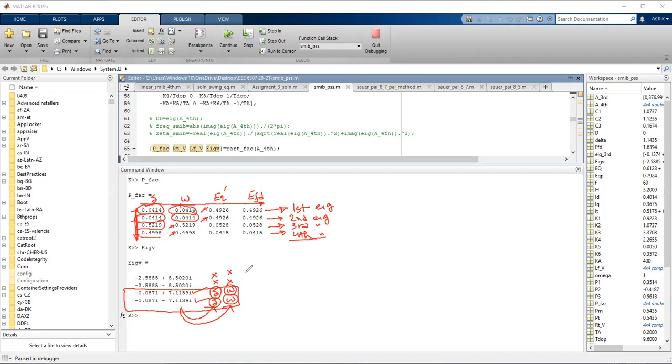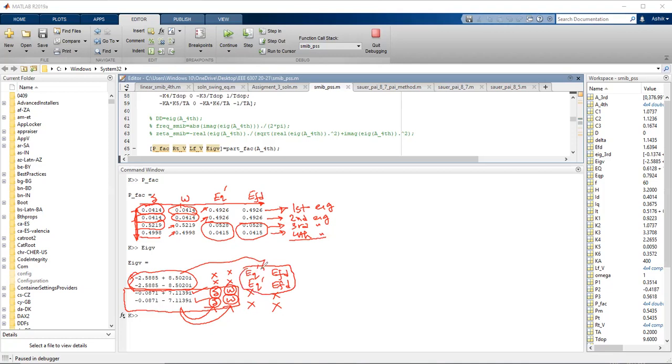So these two are EQ dash, and the third and fourth eigenvalues are not contributing that much to EQ dash. Okay. About the fourth one, same. For the first and second eigenvalues, EFD is largely there. For the third and fourth, EFD is not that much available. So that means this upper pair is coupled with these two.